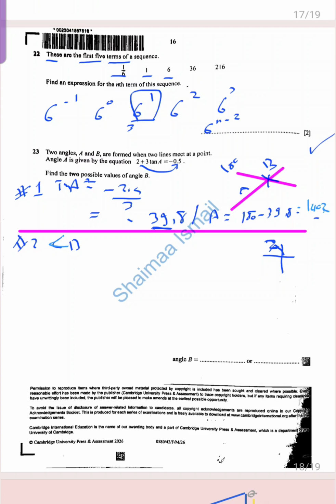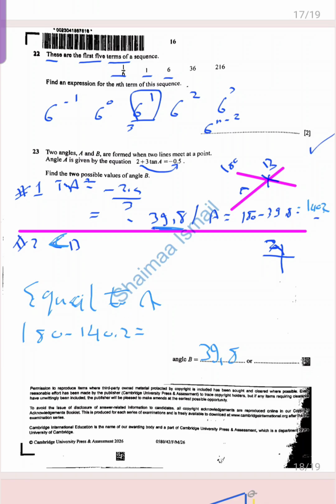So we have now to get the angle B, which is vertically opposite, and adjacent angles sum up to 180. So B may be equal to A, which makes it 39.8 and ignore the negative sign, or maybe the supplementary angle here, which will be equal to 180 minus 140.2.